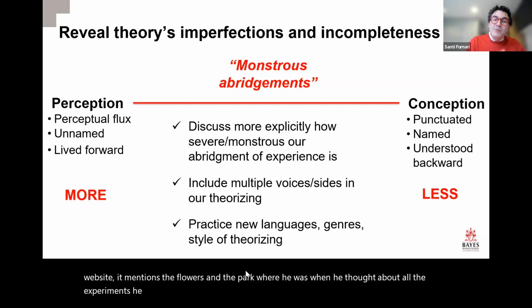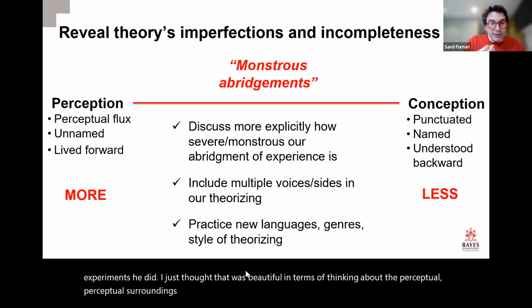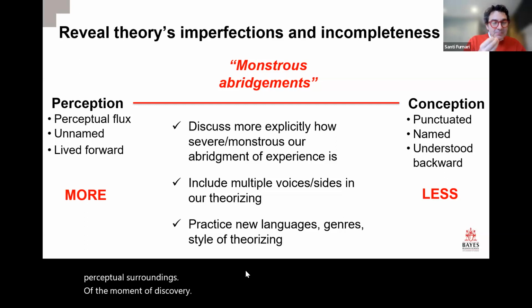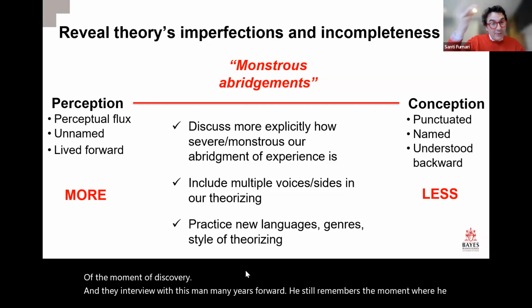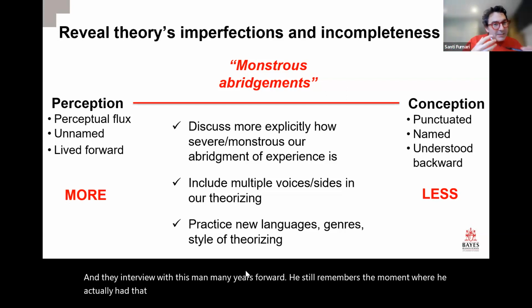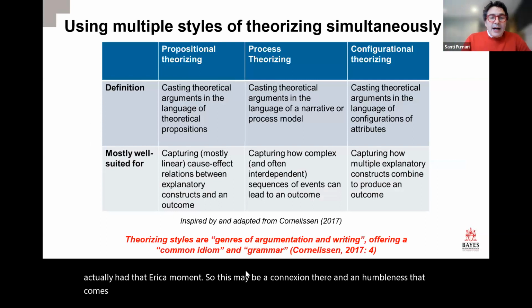I just thought that was beautiful in terms of thinking about the perceptual surroundings of the moment of discovery. And in the interview with this man, many years forward, he still remembers the moment where he actually had that eureka moment. So there's maybe a connection there and a humbleness that comes with that.